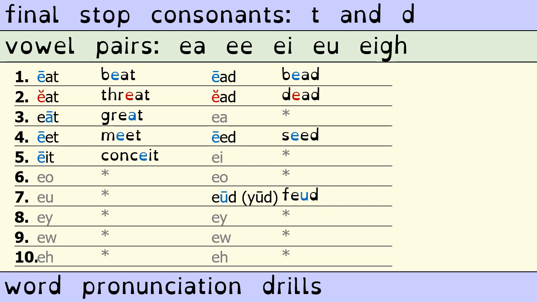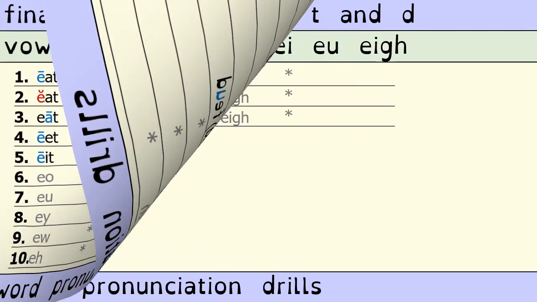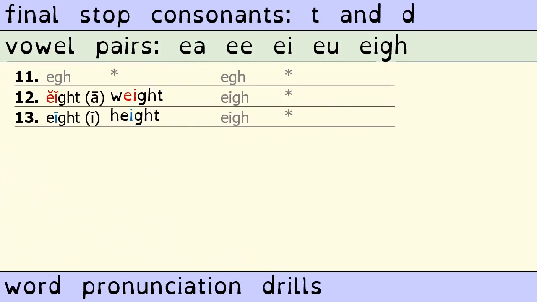Eat, meat, eed, seed. 5. Eit, conceit. 7. Eud, you'd, feud. Two more to go. Ait, wait. Eight, height.